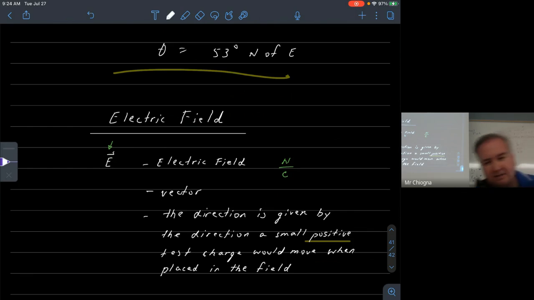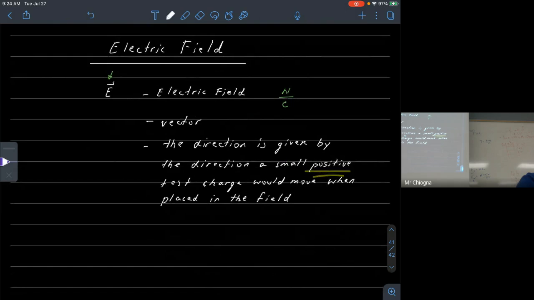This will make more sense visually. It's got to be a positive charge you're testing with. So E, first of all, remind yourself of this. The electric force, this is the way I write it. I write it with the big upper and lowercase q, big Q, small q.